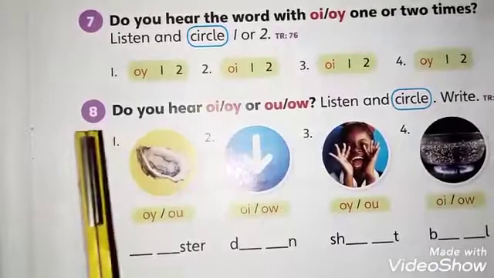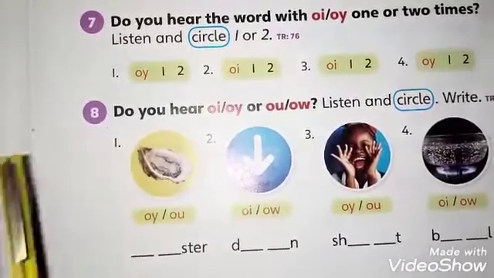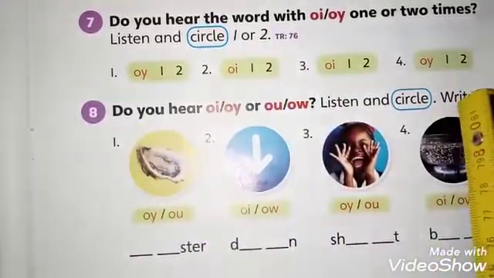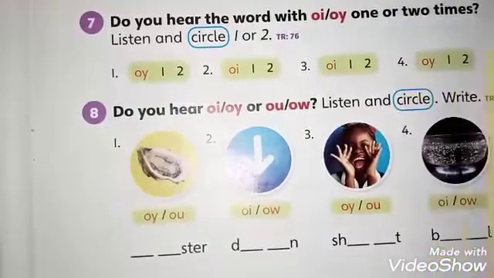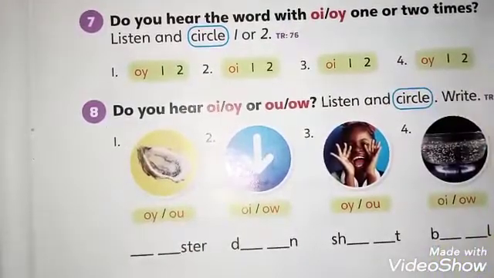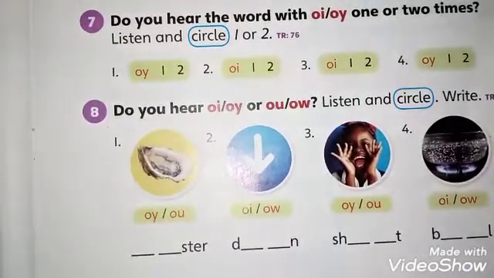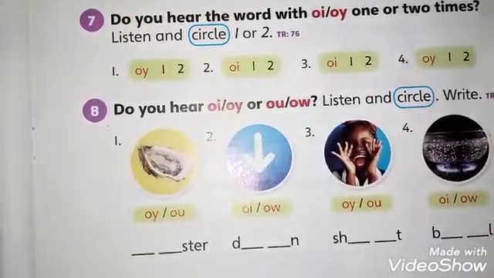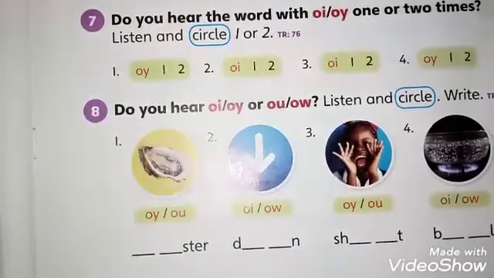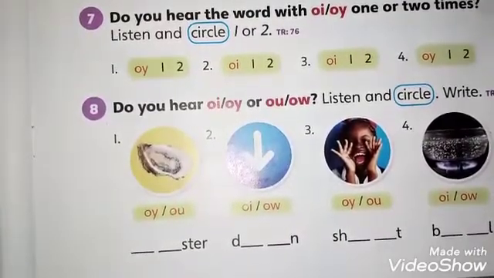Let's move to the last activity, 8, and listen to track 77. Activity 8. Do you hear oi or ow? Listen and circle right. 1.